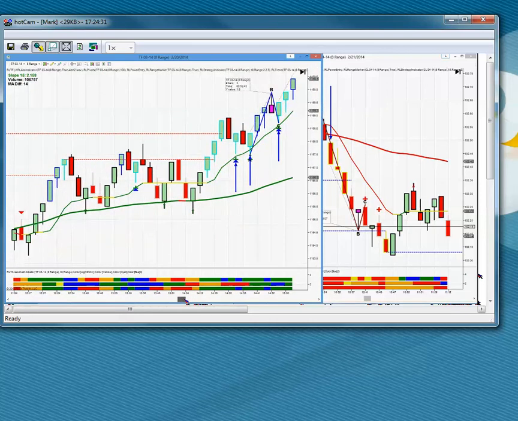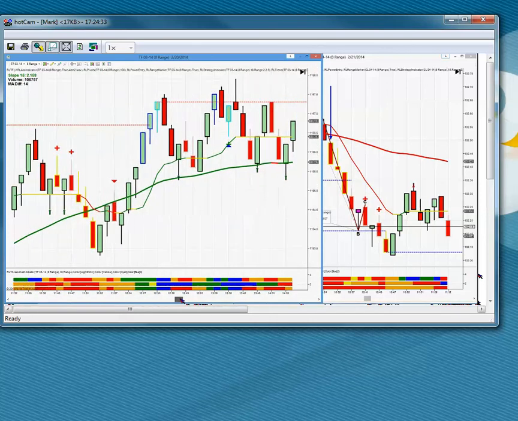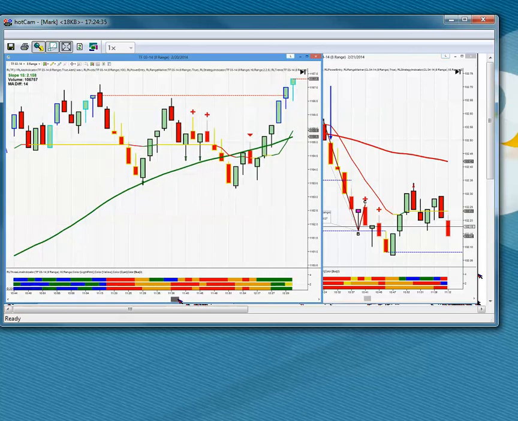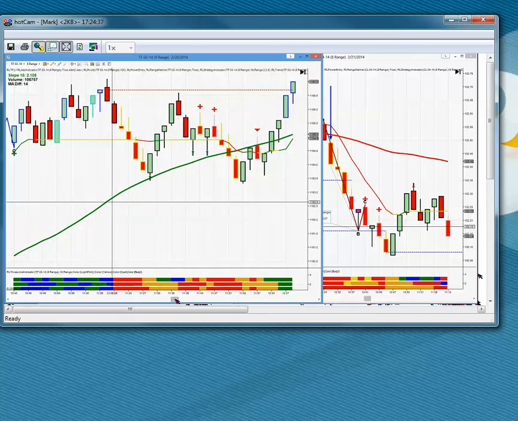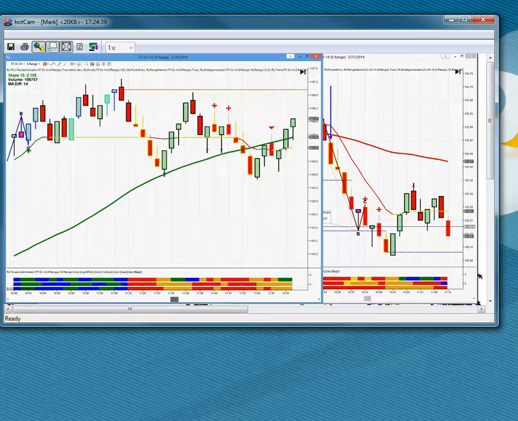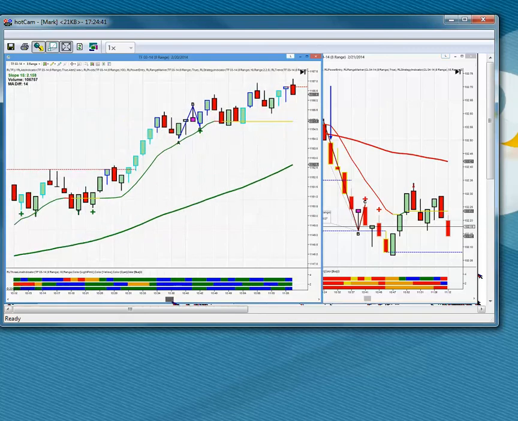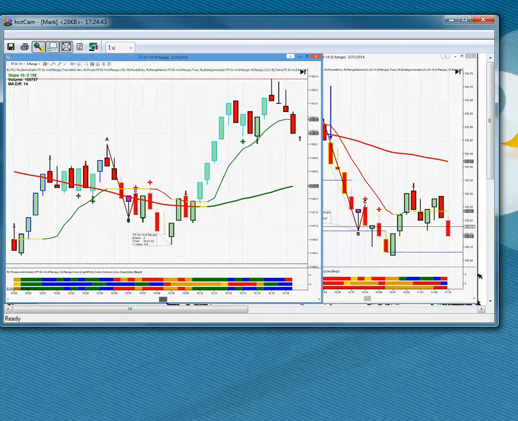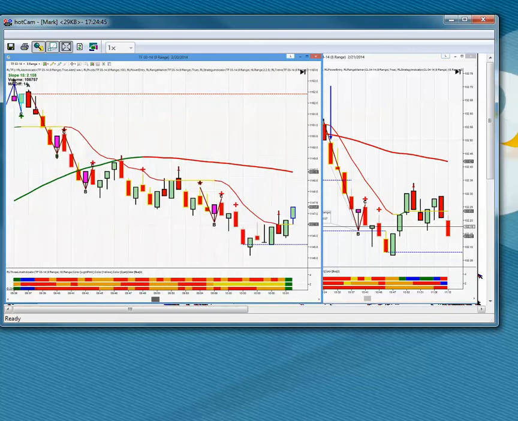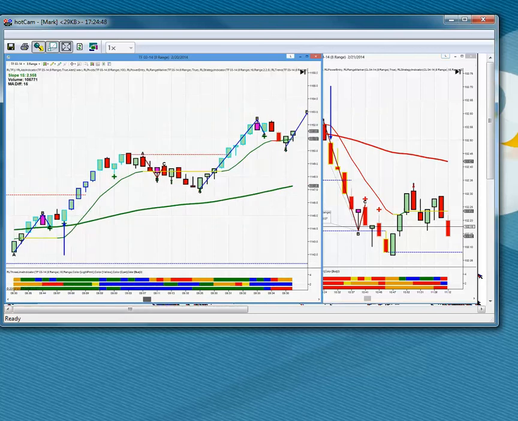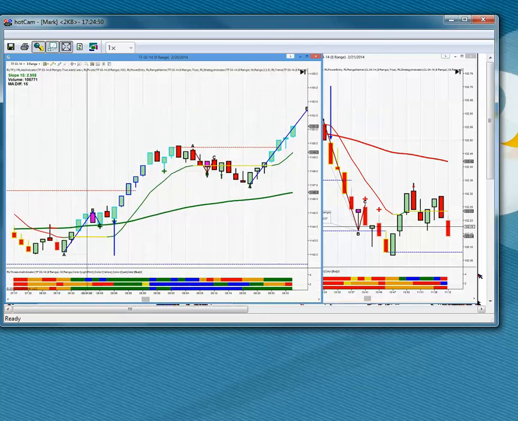So if you get a loss, you get your money back. Unfortunately, it takes 2 winners to make back a loser. But that's just the metrics of it. Since we scale in and scale out of our trades, it's tougher to make up, and that's why you can't trade 50-50. You've got to trade 75% or better.